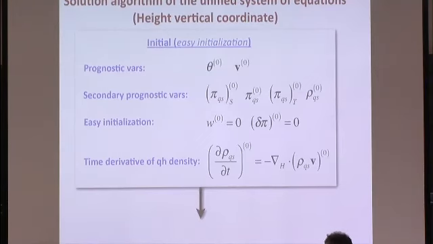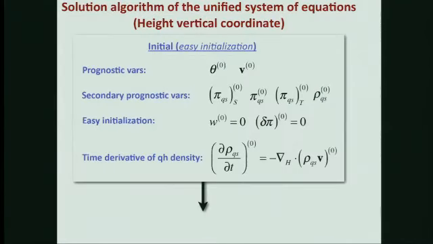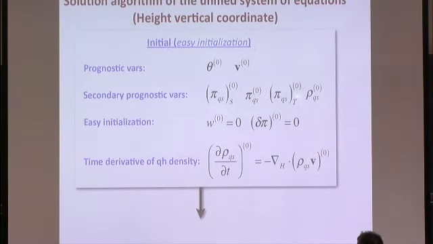At least currently, it doesn't mean that this is the only way to solve, but I think this is good enough. So first, we provide the prognostic variables, theta and velocity, and the surface pressure and the pressure at the top, which is needed for the z coordinate.